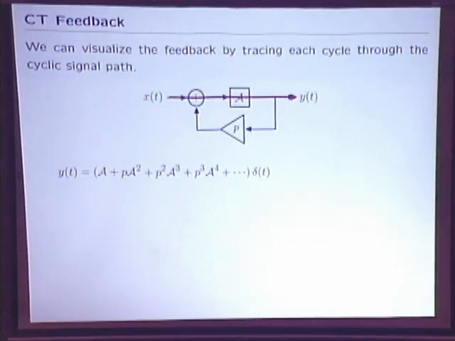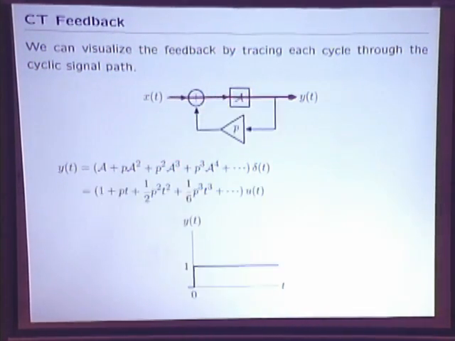You put a delta function in, it gets integrated once, and you get a U function out. So first in the symbolic representation, the first thing that comes out is A times the input. Second thing that comes out is A squared P times the input. Third thing that comes out, P squared A cubed, etc. Every time you go through the loop, you pick up one more term.